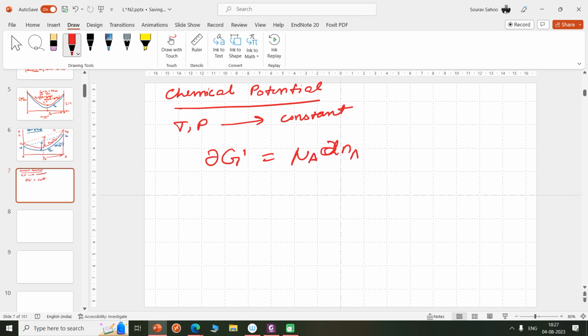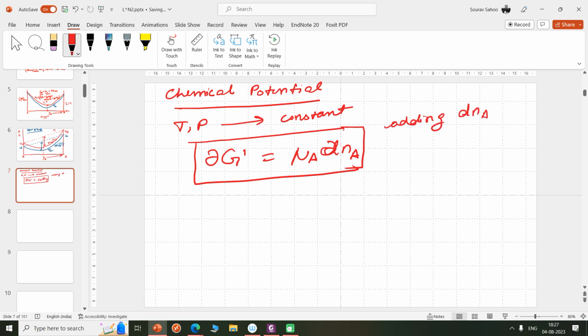So that is what my chemical potential tells us. So this here is the chemical potential of A in a solution of AB, which gives us the change in the free energy upon slightly varying the composition, slightly varying the amount of A, that is the number of moles of A, such that my temperature and pressure is constant.